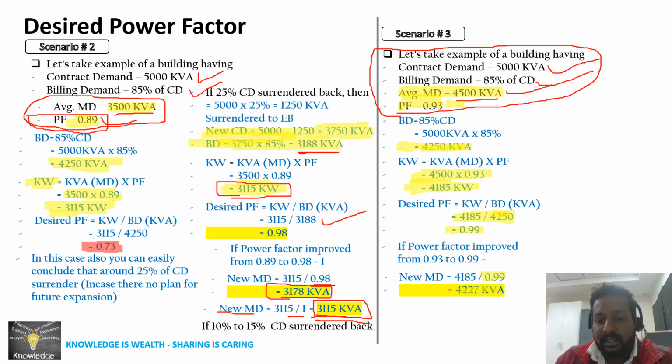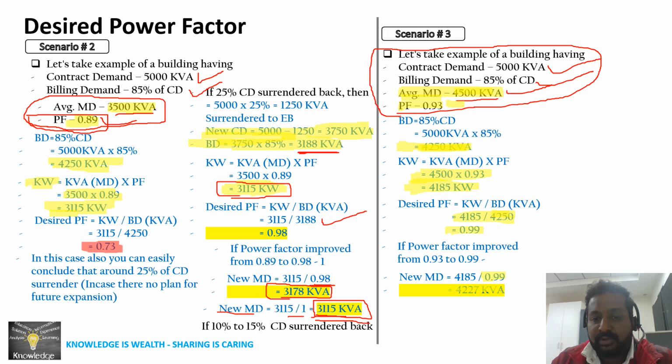That is less than our 4250 kVA billing demand. So we have reduced our maximum demand from 4500 kVA to 4225 kVA and avoided paying additional demand charges to EB.